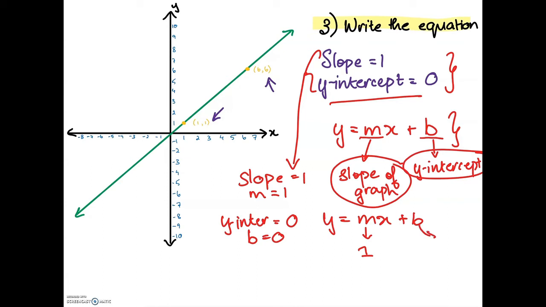So now let's simplify this equation. We're going to write y equals 1x plus 0. Normally when you have a 1 in front of the x, you can just omit it and it still means the same thing. And when you have a 0, you really don't need to add that. So let's clean that up and write a neater equation. The neater equation would be y equals x.